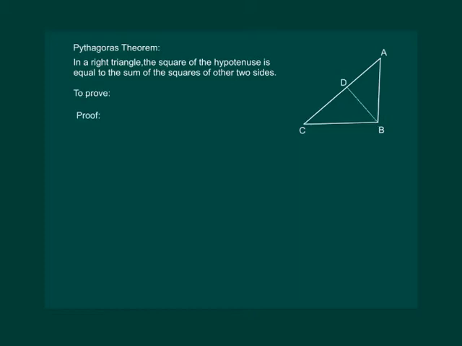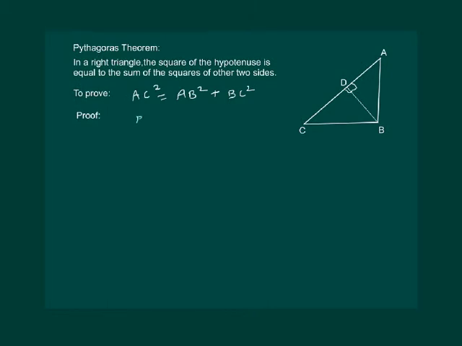We have to prove that AC square equal to AB square plus BC square. By construction, we are drawing a perpendicular BD on the side AC. So we start with the proof.